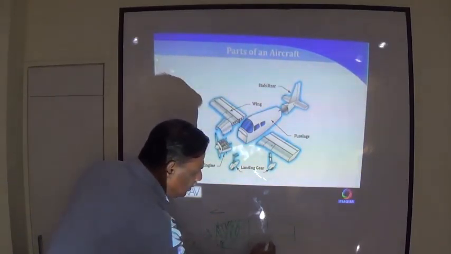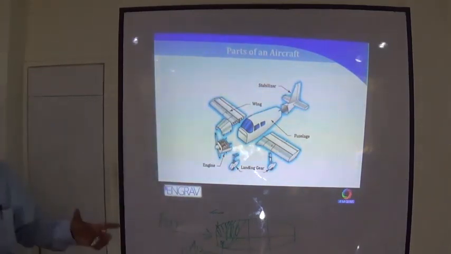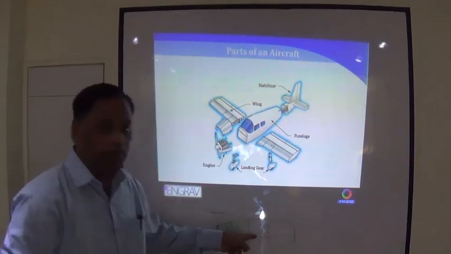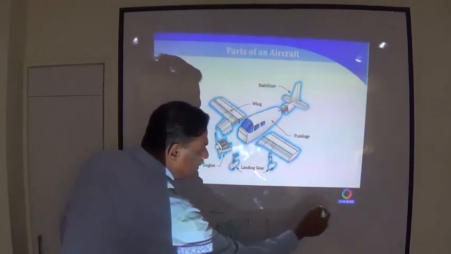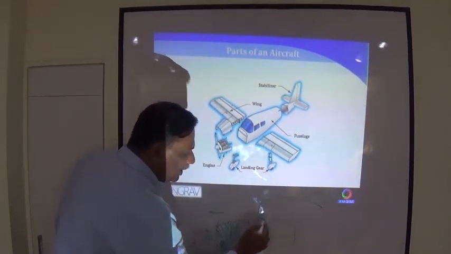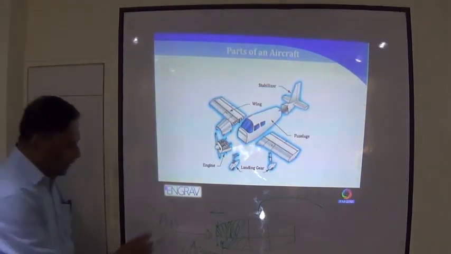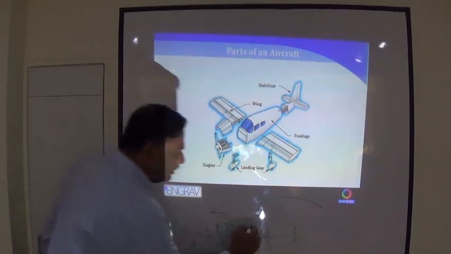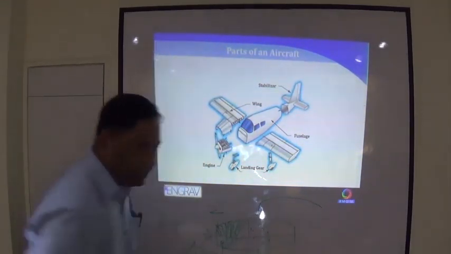And this area is called the combustion chamber. This is where the actual burning of the air and the fuel happens. From the aircraft fuel system, the fuel line comes here, and the air is coming from here, and here the combustion happens.